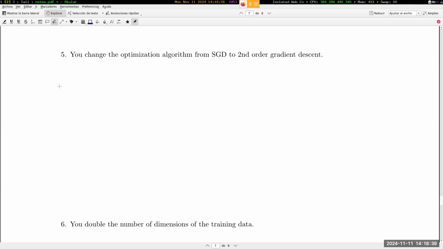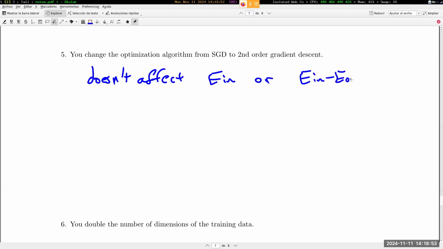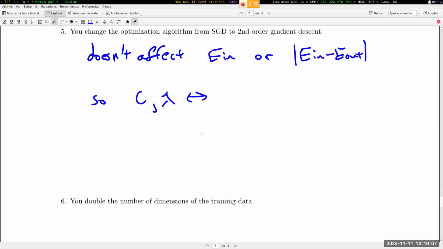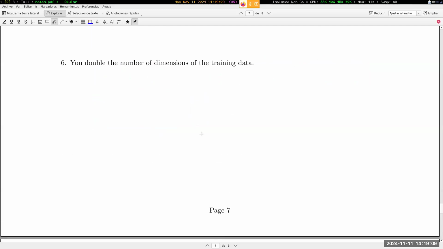Number 5 over here, about changing the optimization algorithm, doesn't affect the statistics at all. Doesn't affect the E in or our E in minus E out. And so our C and lambdas can stay the same for the same model complexity. One last one here, doubling the number of dimensions.